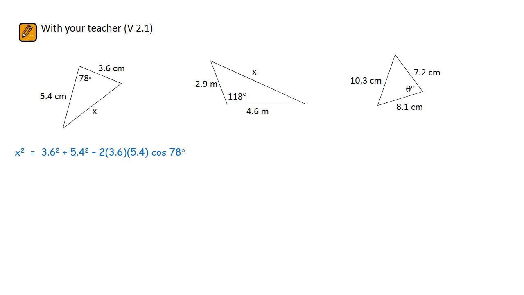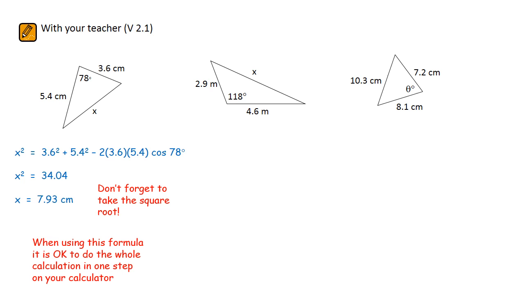That's 78 degrees. From there on, you can do everything on your calculator. Don't forget to take the square root to find your answer. With this type of question, I recommend that students do the whole thing on their calculator all in one step. It'll come out okay with this particular type of question and it'll probably save you from making a few errors on the way. Let's try another one.